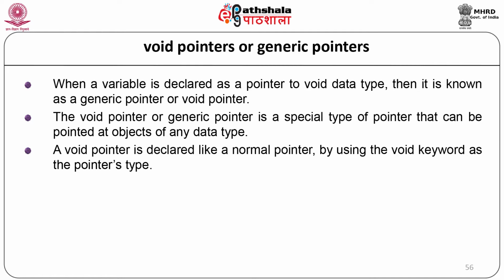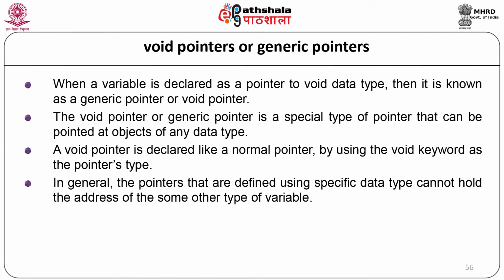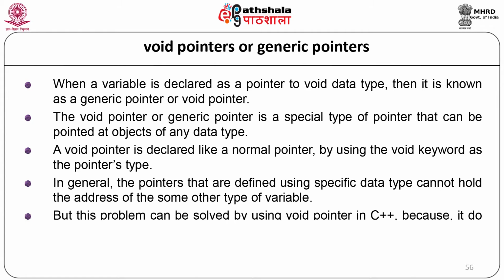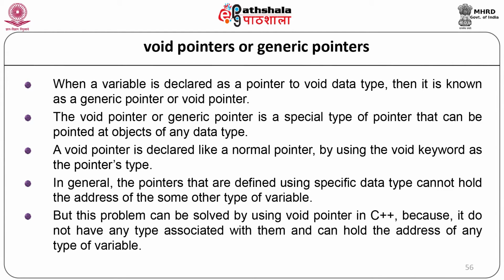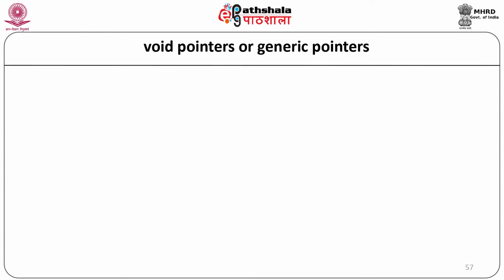In general, the pointers that are defined using a specific data type cannot hold the address of some other type of variable. But this problem can be solved by using the void pointer in C++ because it does not have any type associated with it and can hold the address of any type of variable.